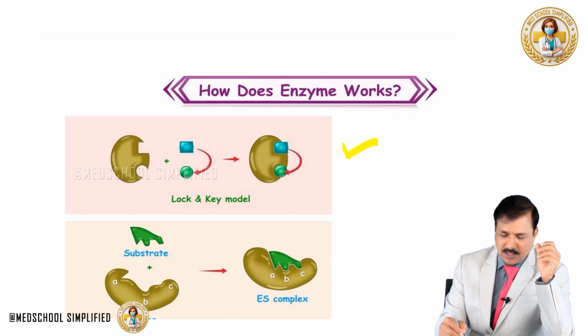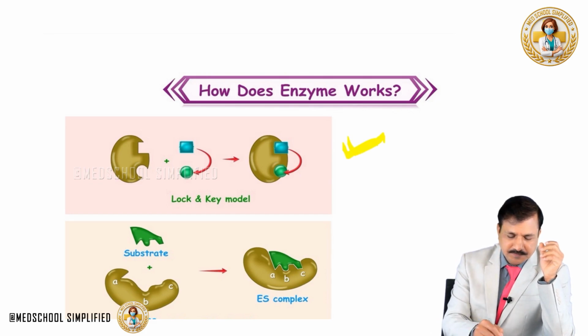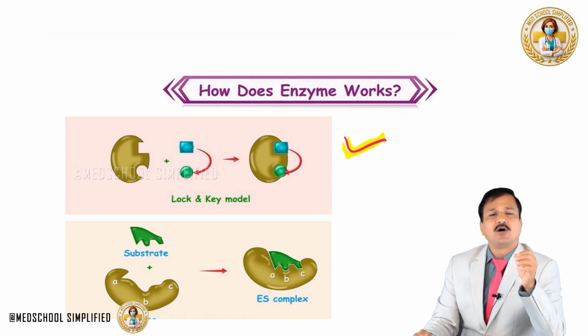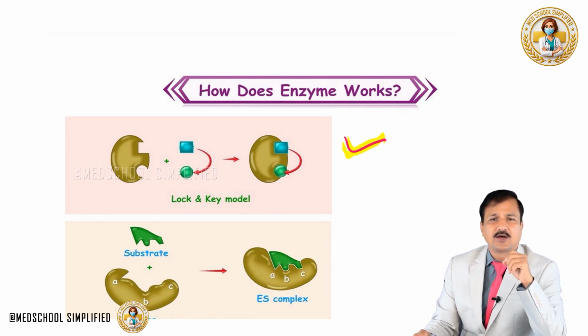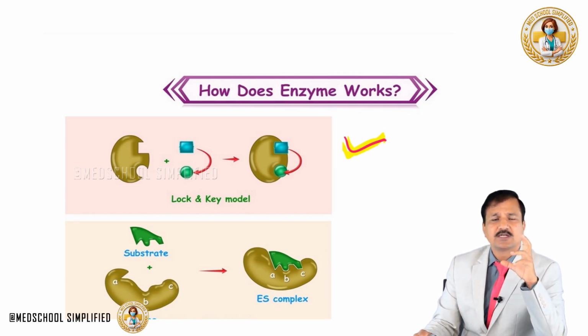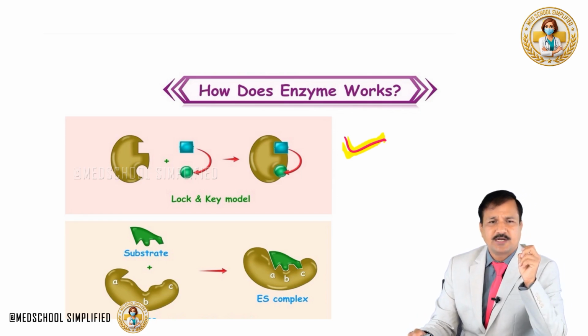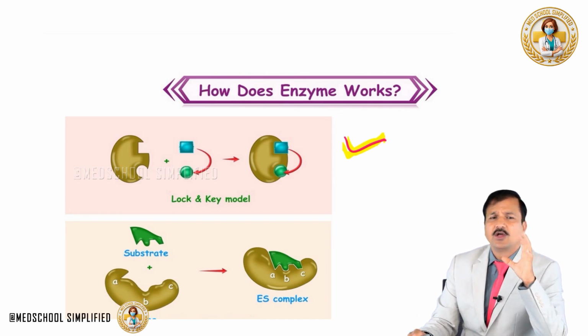It's like a lock and key. This model does not explain all enzyme activity in our body, because in our cells, the majority of enzymes don't have a fixed shape which is complementary to the substrate that is binding to them. So the lock and key model is a kind of outdated model, because it does not explain exactly how the mechanism works in our body.